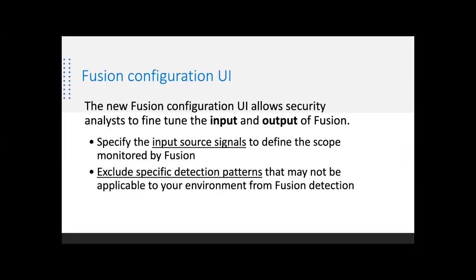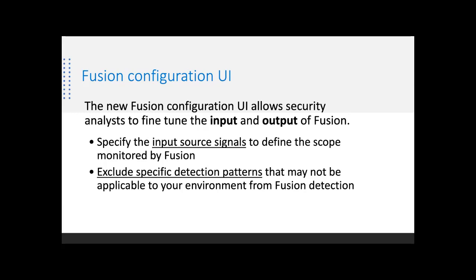When it comes to the Fusion configuration UI, you do have the ability to define the scope that is defined and monitored by Fusion. On top of that, something very critical is excluding specific detection patterns that may not be applicable to your environment. Again, we do have scalable machine learning that is working to give you high fidelity and high accuracy when it comes to the incidents being generated by Microsoft Sentinel Fusion.